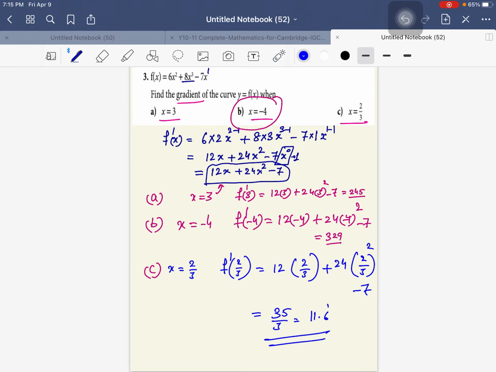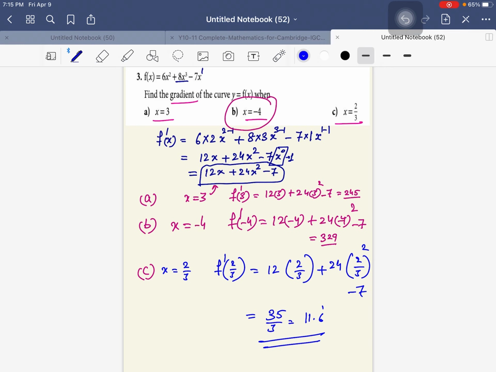Alright guys, so this is the way we can find a particular value of the gradient at a point by just using the gradient function as a derivative.